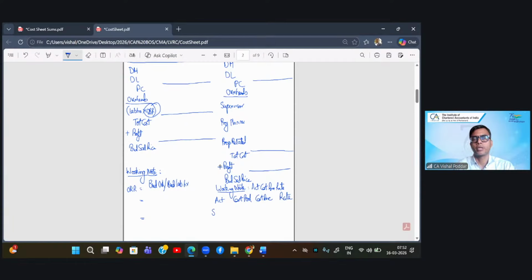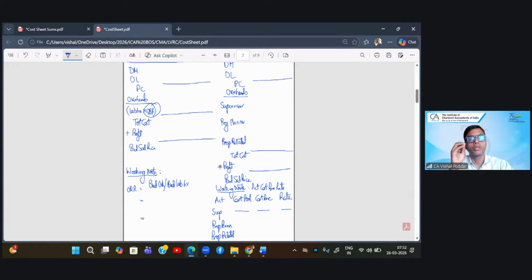So I'll mention here supervisor, project planning, and property related. These are the three activities. Now by taking the cost pool and the driver, I will divide it and get the driver rate. So see, I have not yet solved anything, but I've done the entire framework.